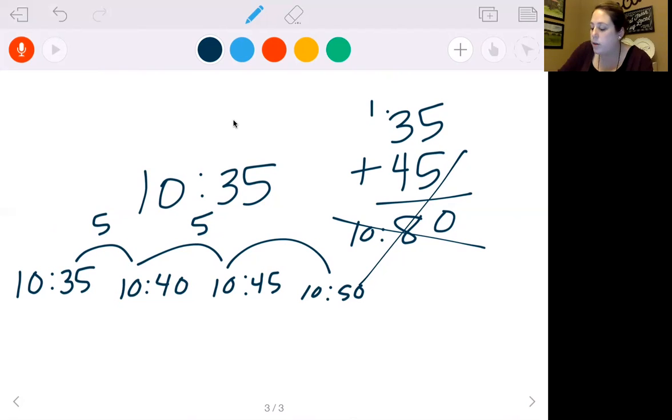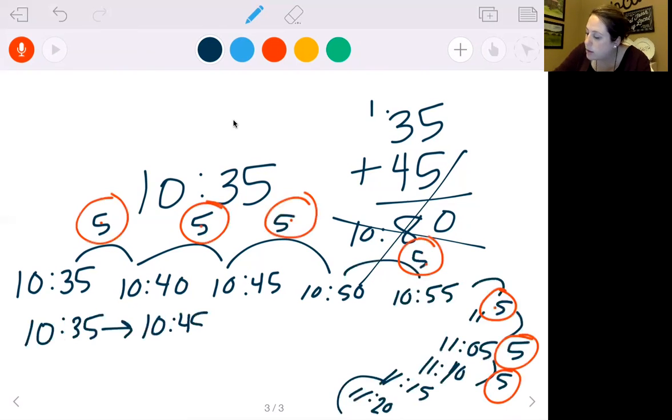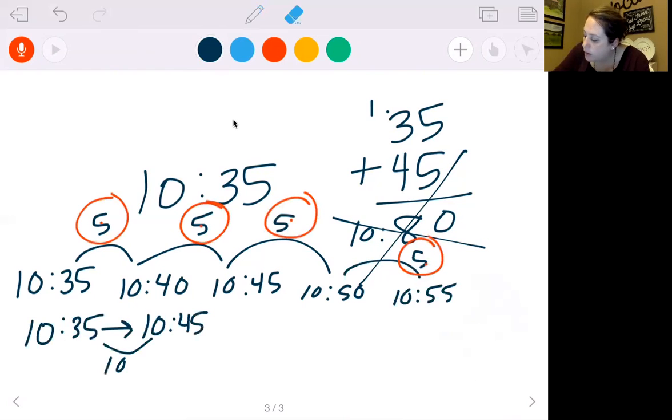Let me show you a better way to do this. If I have 10:35, let's count up 40 minutes from that. So 35 to 10:45 is 10 minutes. And I'm going to erase this so I can have some room to show you. 10:45 to 10:55 is 10 minutes.